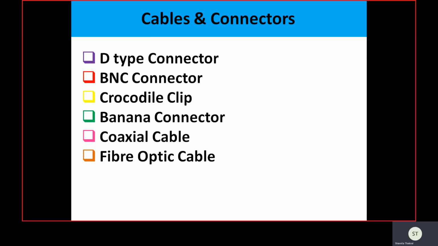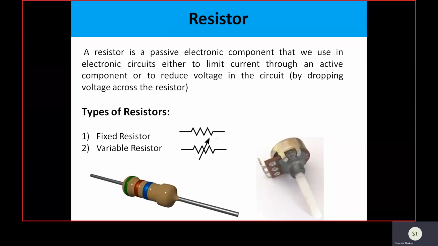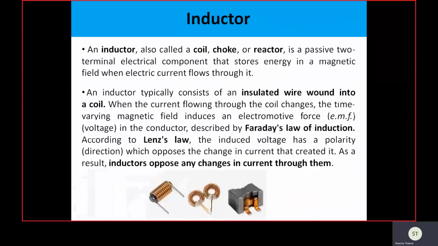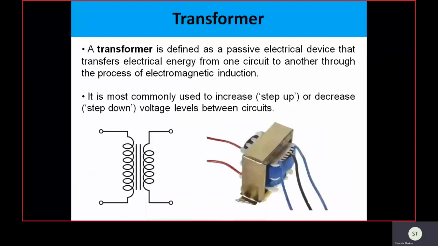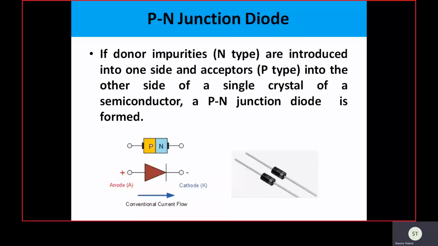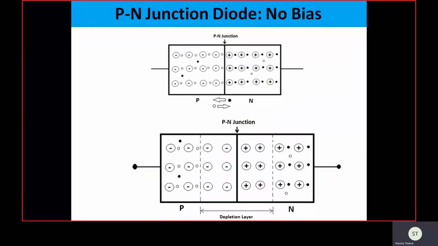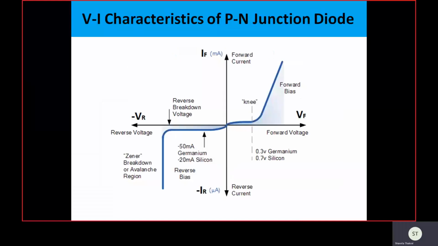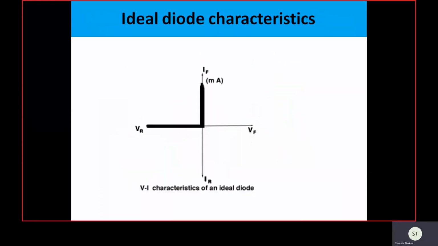So we have gone through the passive components, that is resistor, capacitor, inductor, transformer. Then we have also discussed some of the active components like PN junction diode, its working under no bias, forward bias, reverse bias, its VI characteristics, then ideal diode characteristics.